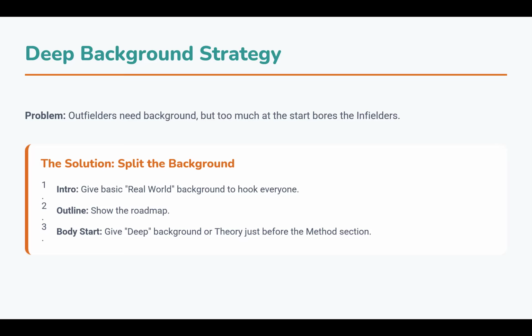And in the body start, give a deep background or theory just before the method section. So there you use a strategy to retain both your infielders and outfielders together in your narrative.